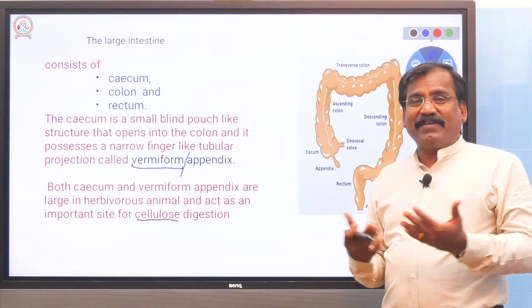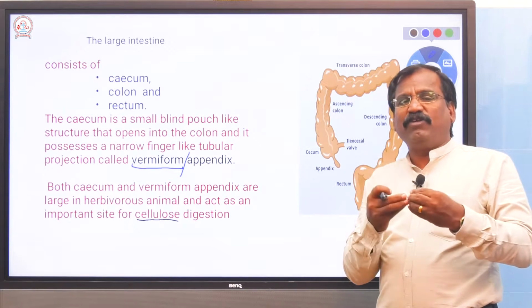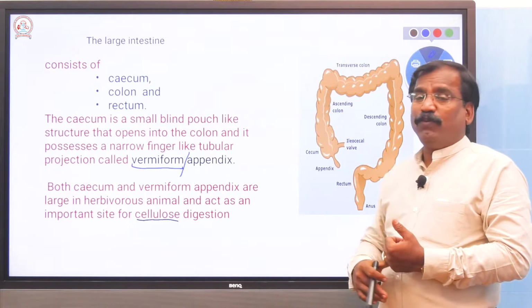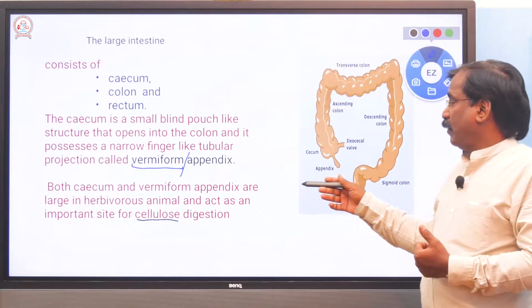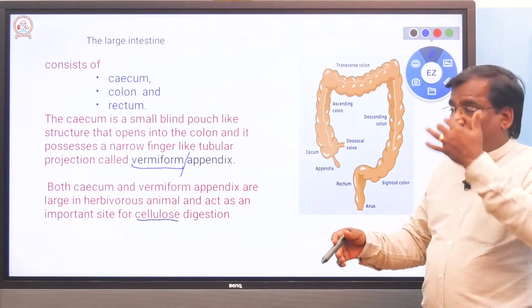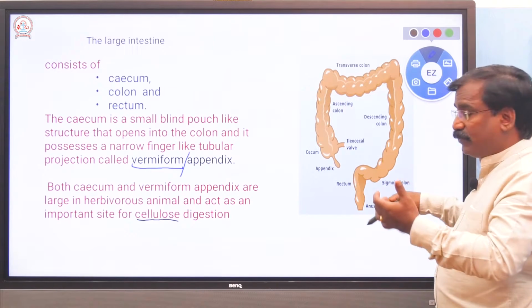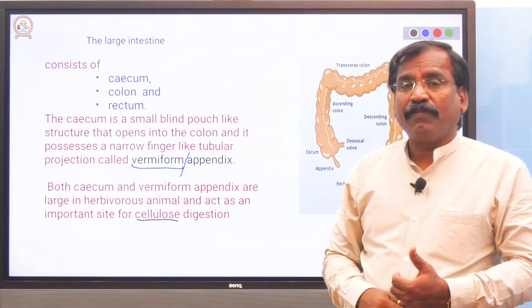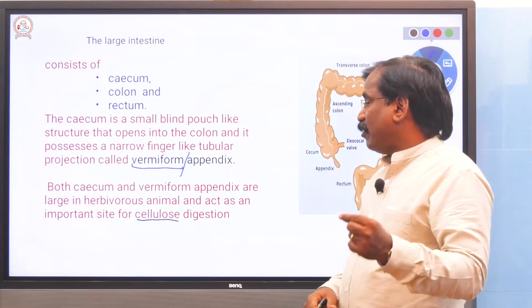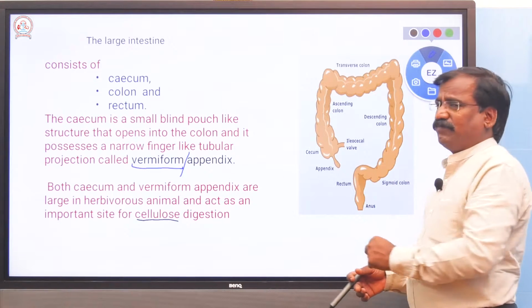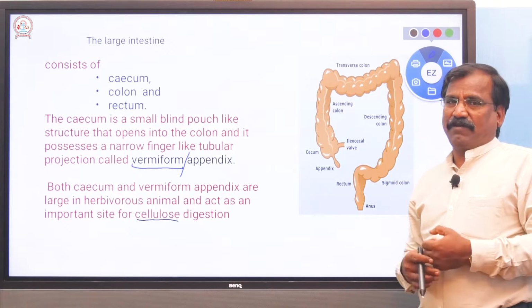We are unable to digest the cellulose, that is why we cook the food and eat. But in some herbivorous animals, the appendix is well developed and responsible for the digestion of cellulose, but for us it is rudimentary, non-functional.